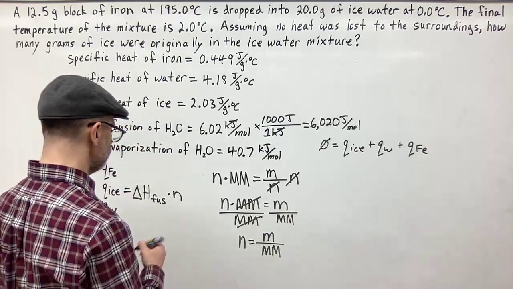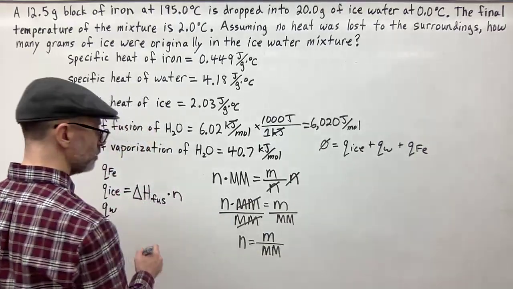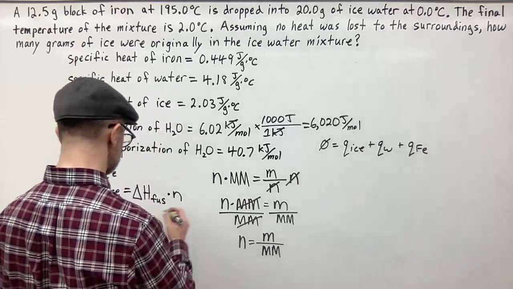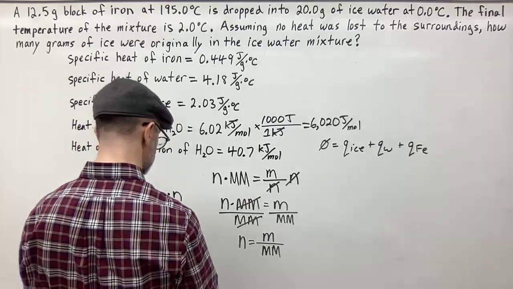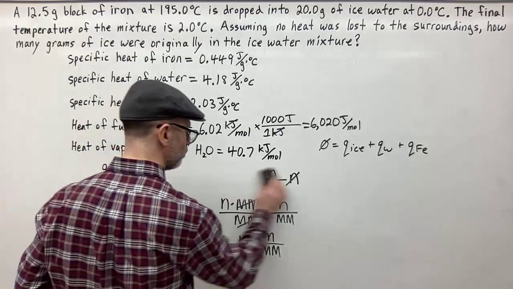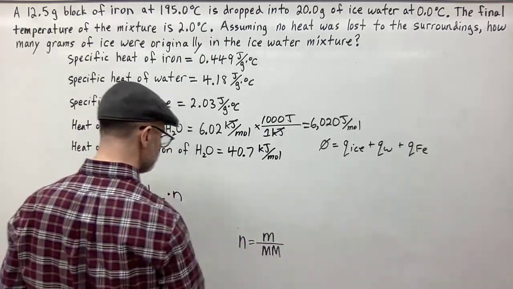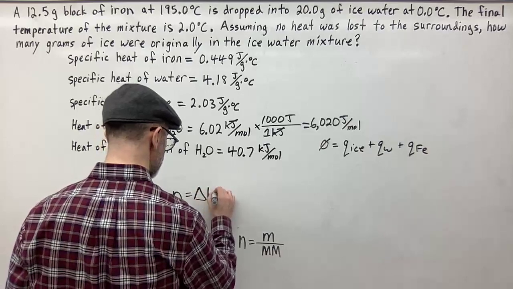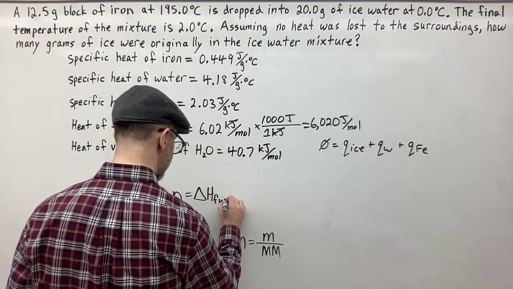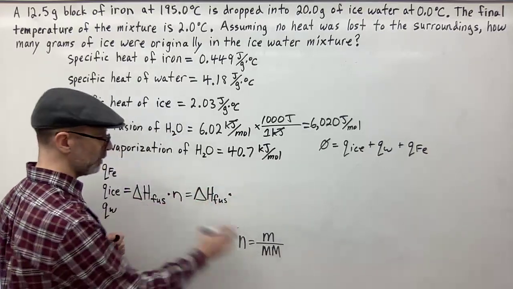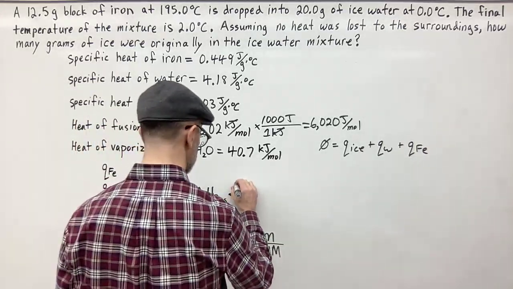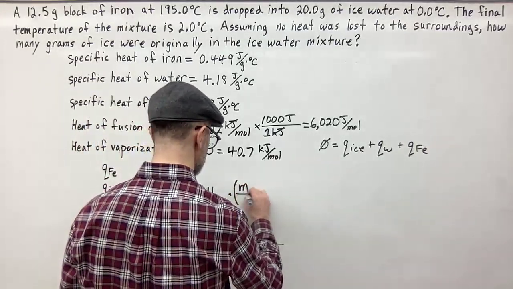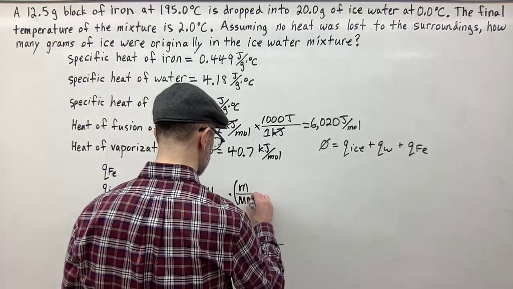So now this is going to be equal to the heat of fusion of ice multiplied by n, but I'm going to substitute this in. So it's going to be multiplied by the mass in grams divided by the molar mass.